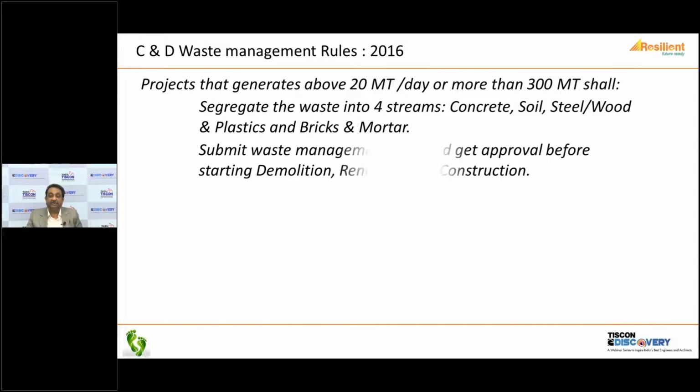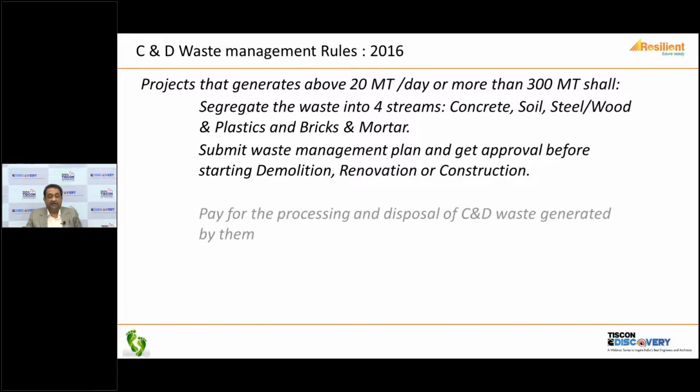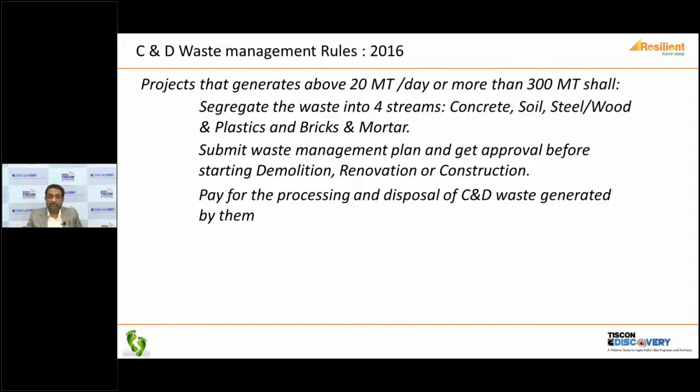It also says that they should submit a waste management plan and get the approval before the construction starts or demolition starts or renovation starts. Following the global principle of polluter pays, they have to also pay for the processing and disposal of C&D waste generated by them. Now, these rules have hardly been implemented across the country. We all know that. But at least there is a start.